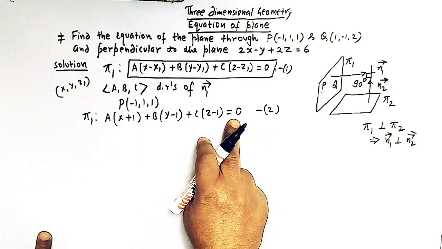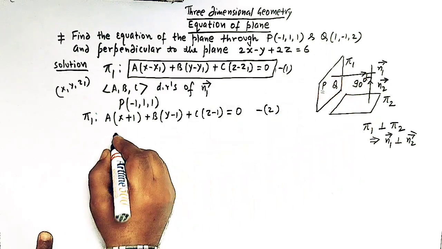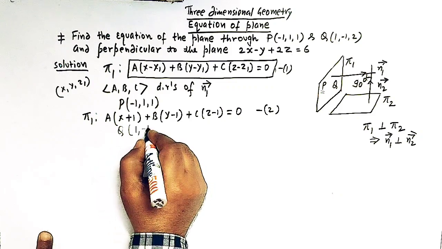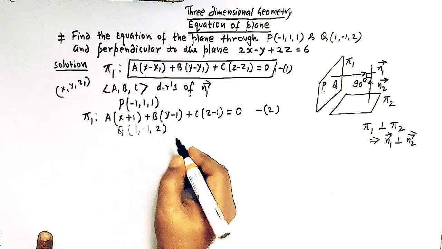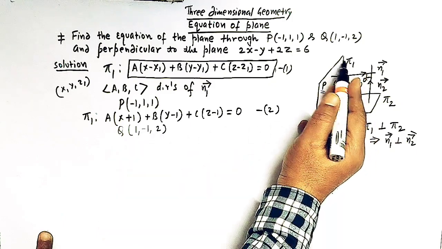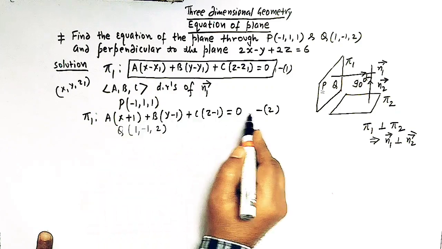So now this equation also satisfies this point, that is point Q, that is (1, -1, 2). So this point Q also lies on this plane pi 1. So this point also satisfies this equation.